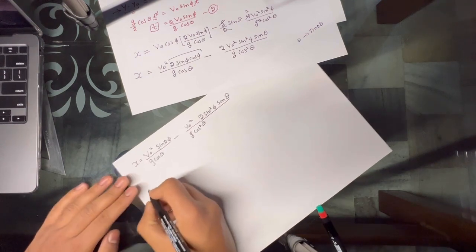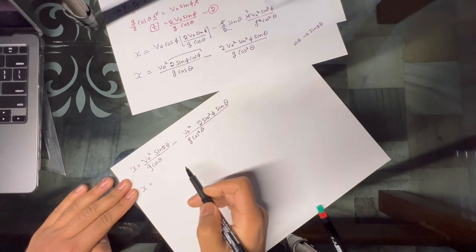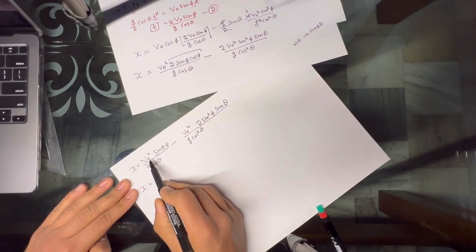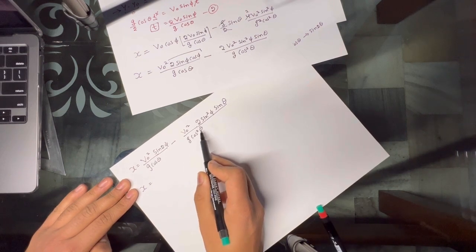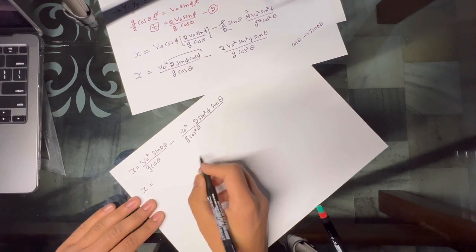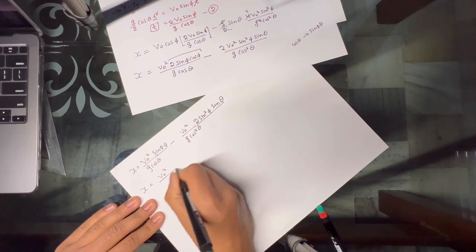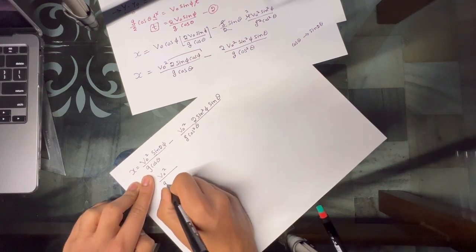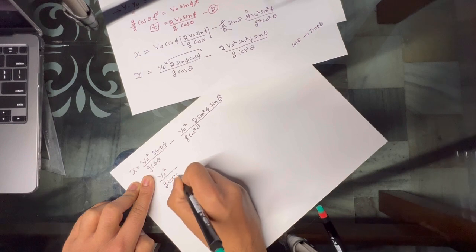Okay, now x is equal to, can we just take v naught square upon g cos square theta common.